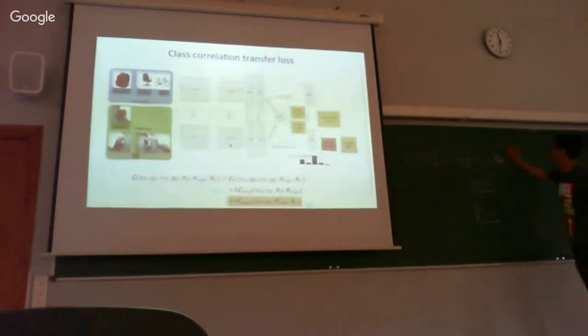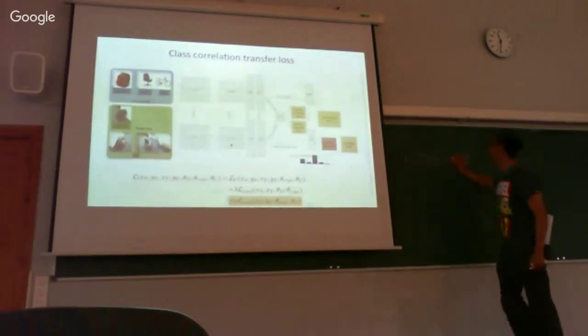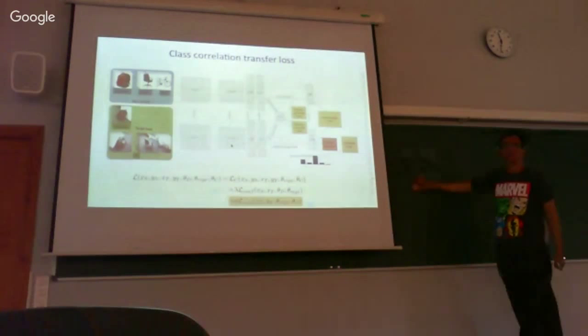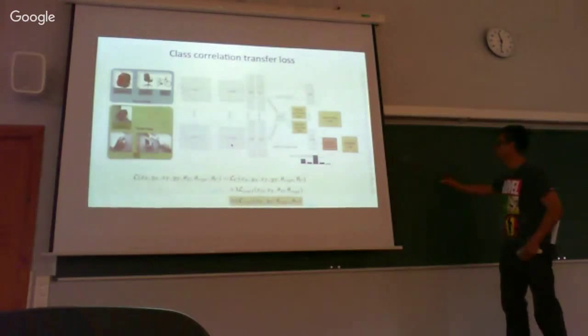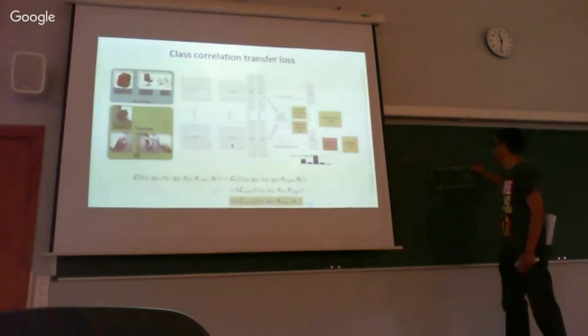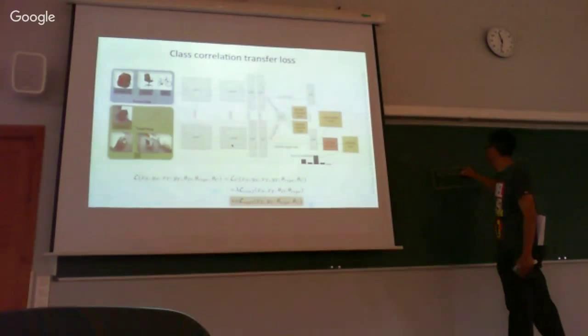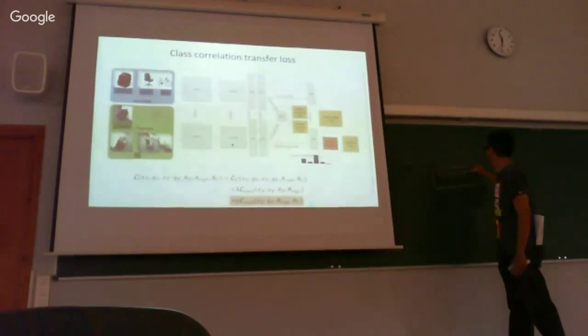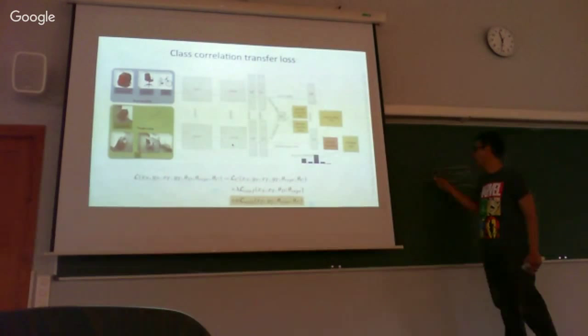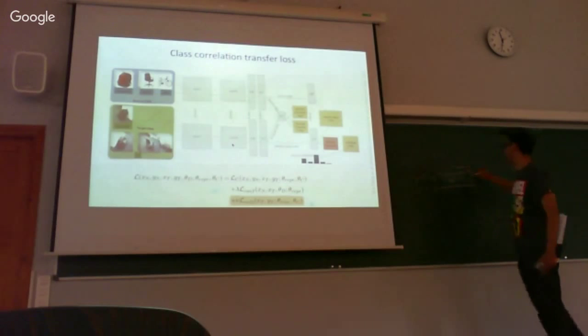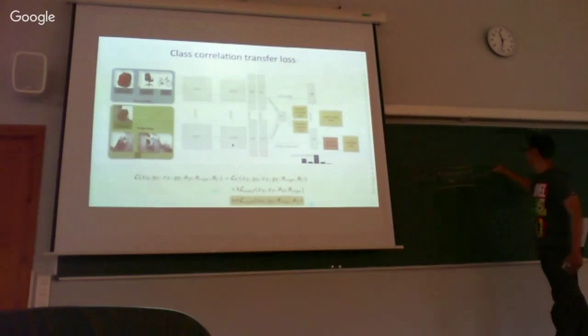When you are training a backpropagation neural network, this goes like a black box, and you have your input here and your output here.